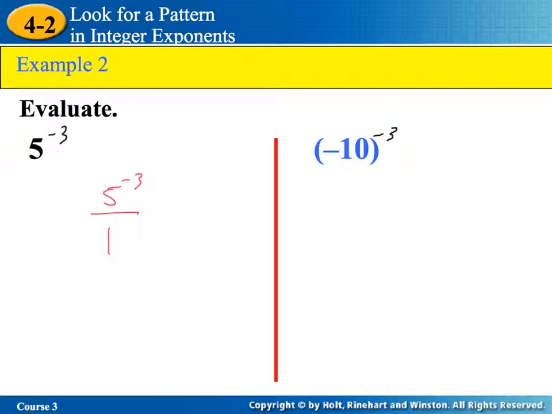We want the reciprocal of that, which is 1 over 5 to the third power. Reciprocal and the opposite exponent. So when you do that, you distribute that 3 through, so you get 1 to the third over 5 to the third, and your answer is 1 over 125.